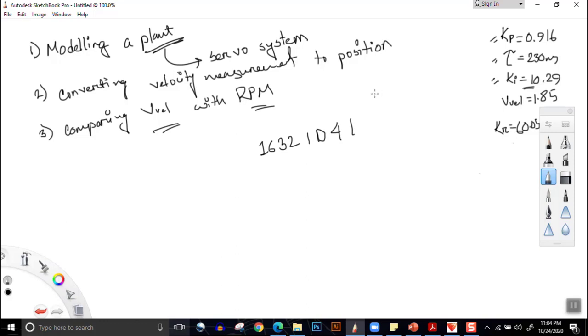So what you'll do is you'll choose the last two digits as Kp. That is, Kp is equal to 0 point last two digits. For example, here Kp is equal to 0.41.